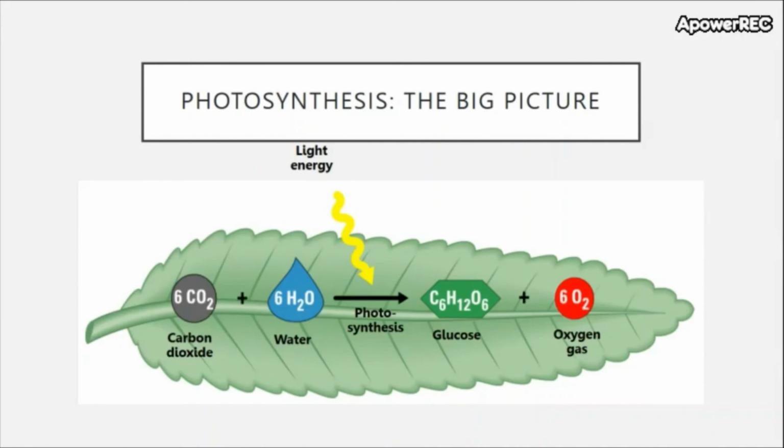So I'm not going to cover photosynthesis very much, but I am going to require you to at least know the reaction of photosynthesis. Photosynthesis, like we said, takes light energy and synthesizes organic compounds from inorganic compounds.